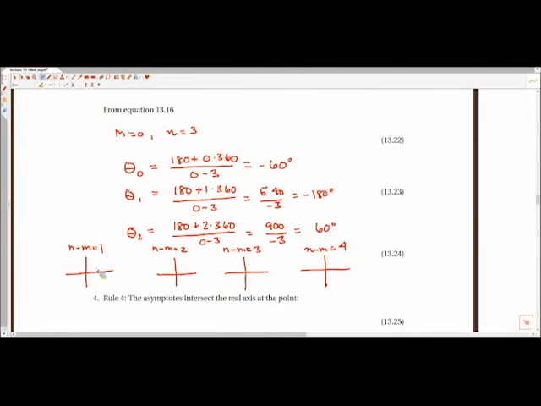Okay, so if n minus m is equal to 1, your only asymptote is going to be at negative 180 degrees.